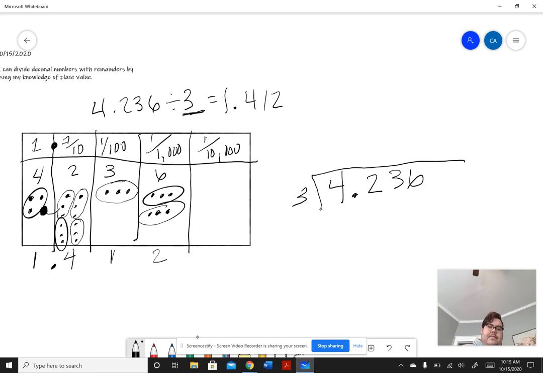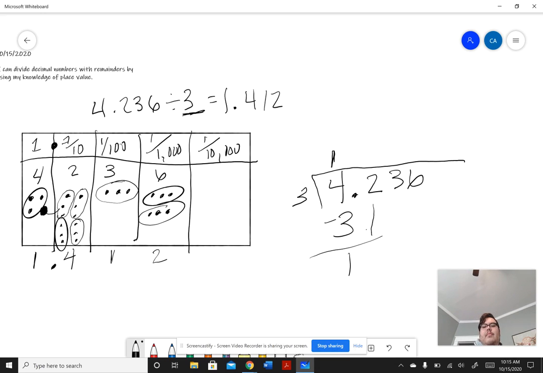So here we can only pull one group of 3 out of 4. We take that 3 out, and we're left with 1.